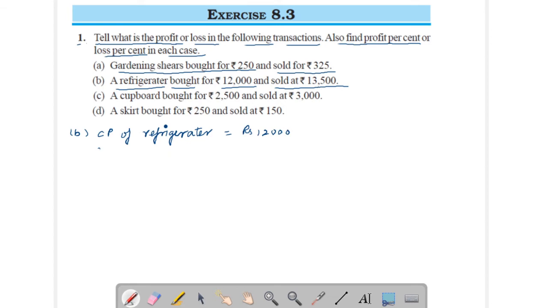SP of refrigerator is rupees 13,500. Yes, since here SP is greater than CP, therefore there is a profit.